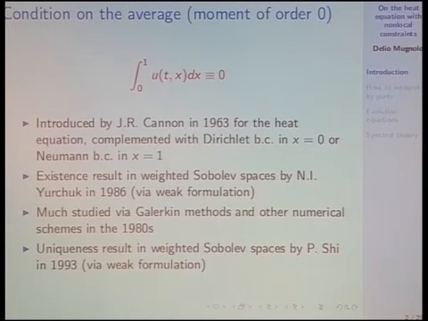It is known that for reasonable boundary conditions, for instance Neumann boundary conditions, if you have conservation of mass, which in many cases you have, then you can also deduce another invariant, which is the conservation of the center of mass, the barycenter.